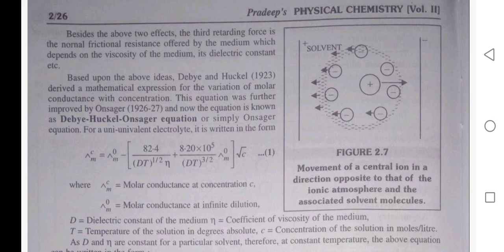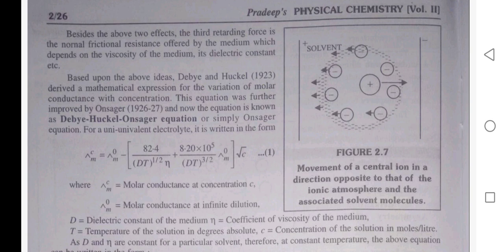For a univalent electrolyte, it can be written as: lambda m is equal to lambda naught m minus [(82.4 upon (DT)^(1/2) eta) plus (8.20 into 10^5 upon (DT)^(3/2)) lambda naught m] into root c.